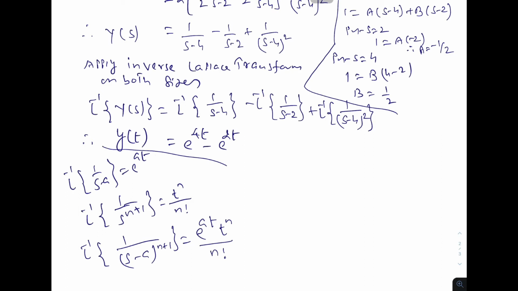So this is now plus 1 over s minus 4 squared, so e power 4t into t power n upon n factorial. Here n plus 1 is 2, so n is 1, so this is t. So this is our answer and final solution of the differential equation. Okay.